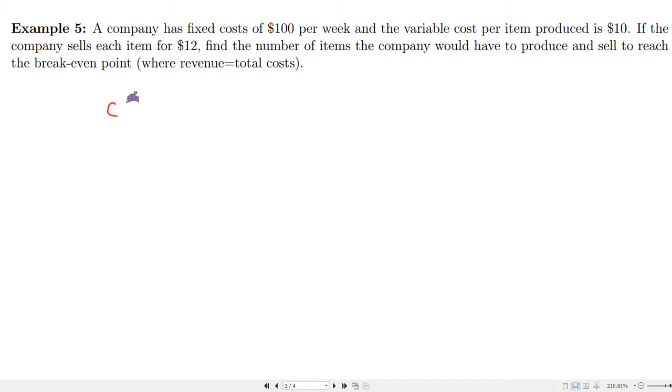So the cost for producing X items is equal to what? So a company has a fixed cost of $100 per week.